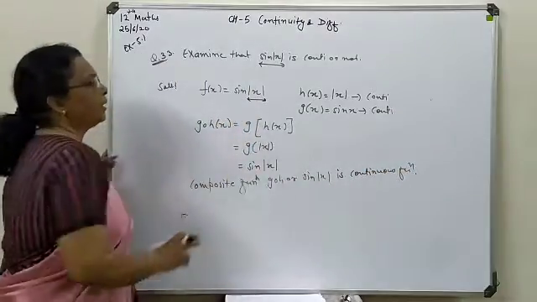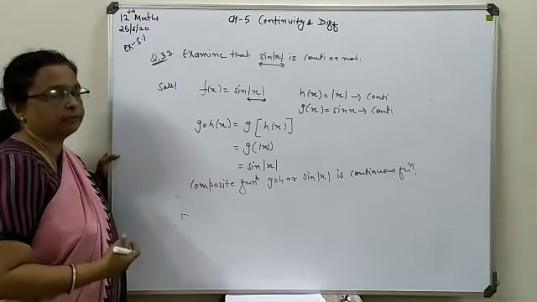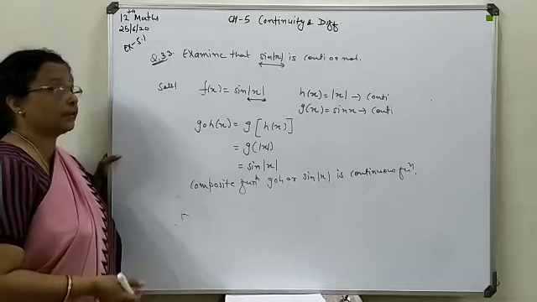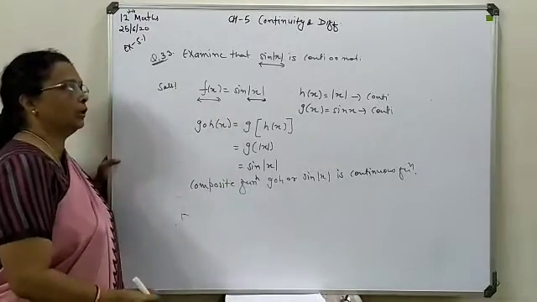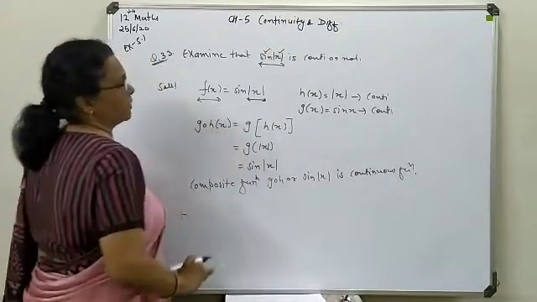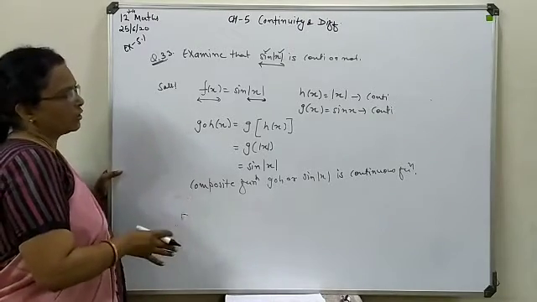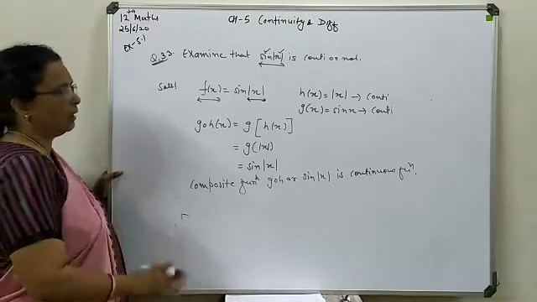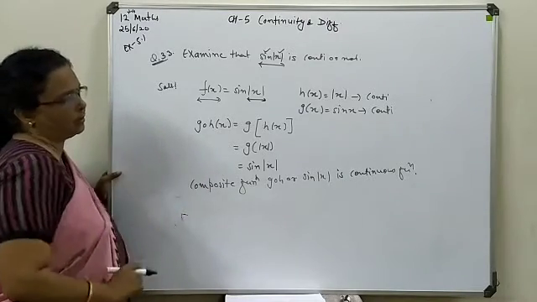This way you can discuss the continuity of a function if more than one function is written in the form of one function. First of all, start checking from the inside one, then come to the outside. If both are continuous, then the composite form can also be discussed as continuous.